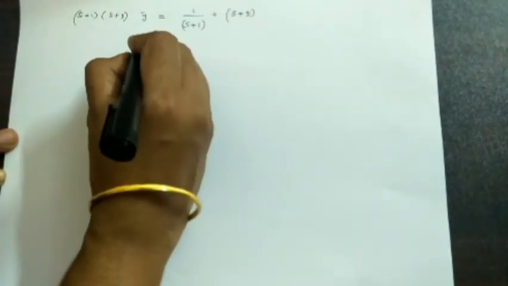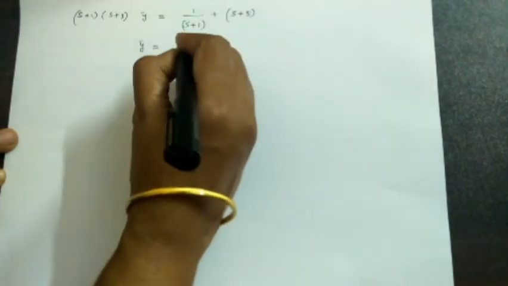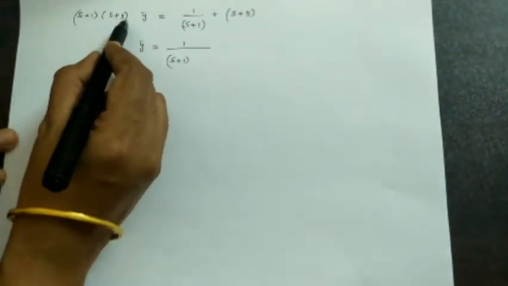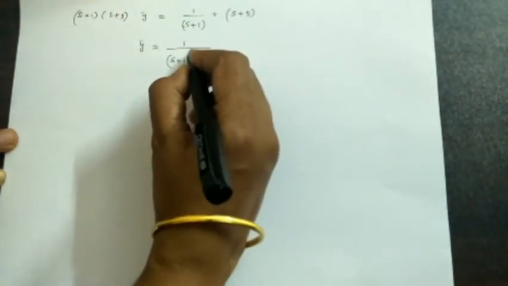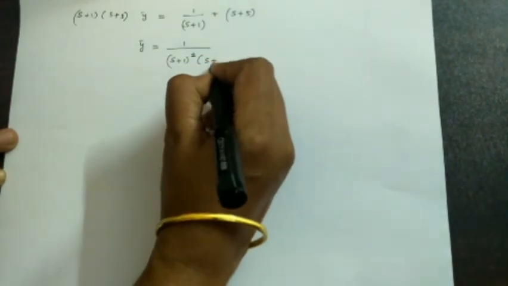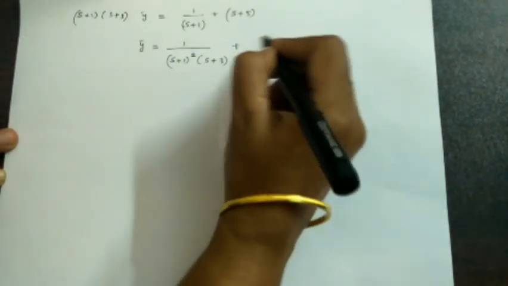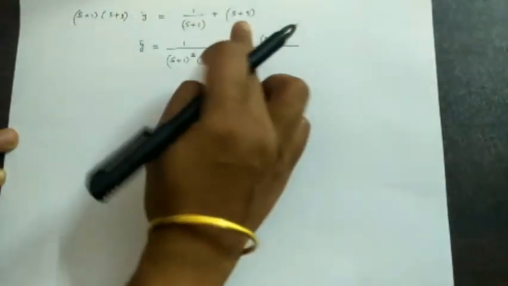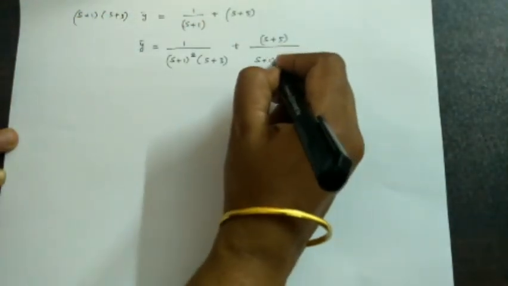Or we have y bar is equal to 1 by s plus 1 into, taking s plus 1 into s plus 3 to the denominator, we have s plus 1 the whole square into s plus 3, plus s plus 5 by s plus 1 into s plus 3.